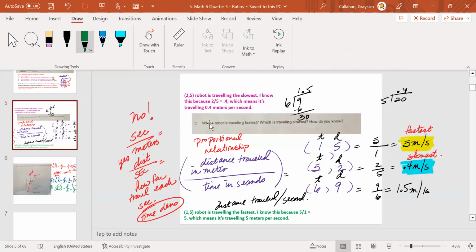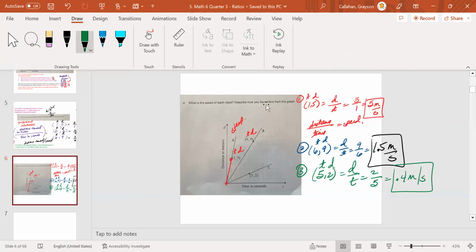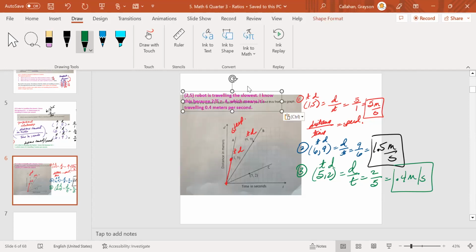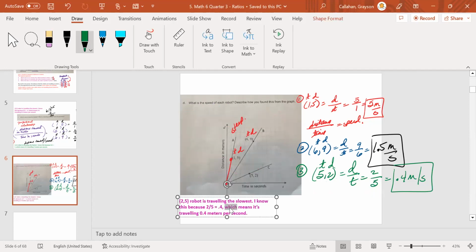So when it says something like, describe how you found this from the graph, something that you can say is speed is equal to distance divided by time, right?